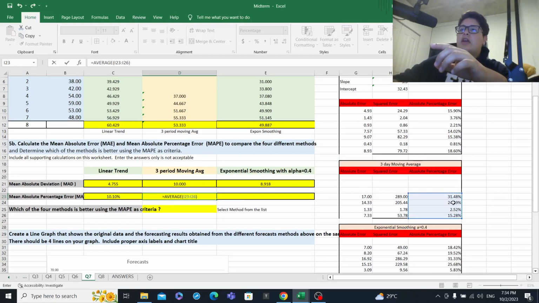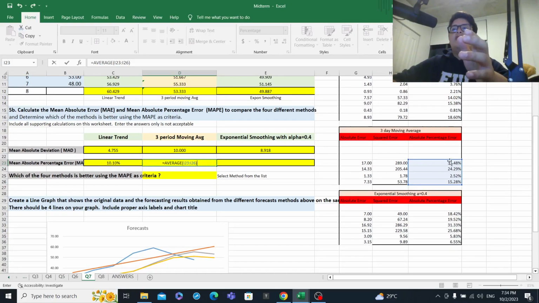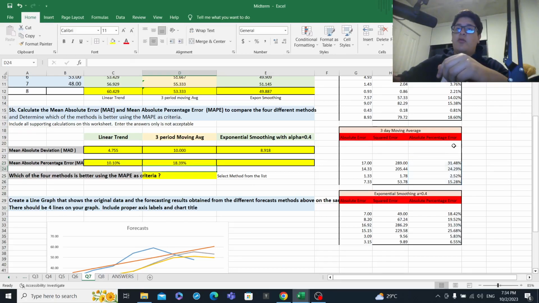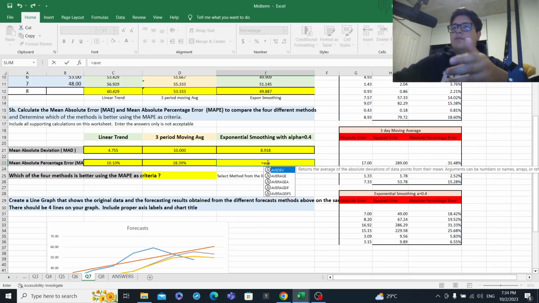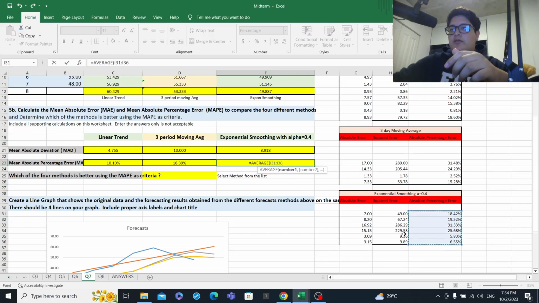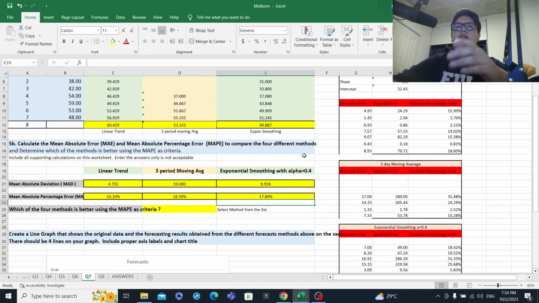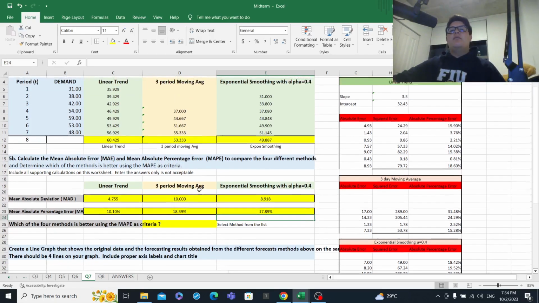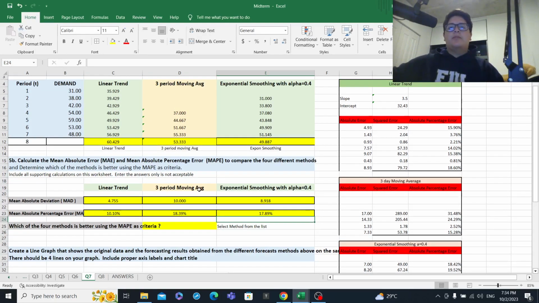Don't grab everything, because an average divides by the amount of values you have, and if you calculate it with some values and you put more, it's not gonna go well. And then finally the same process for the exponential smoothing. And there we have our mean absolute error, mean everything.